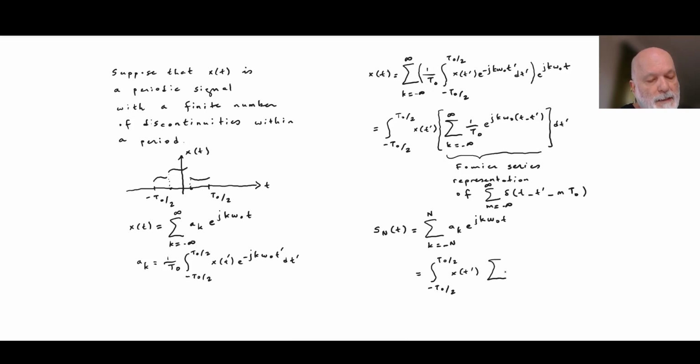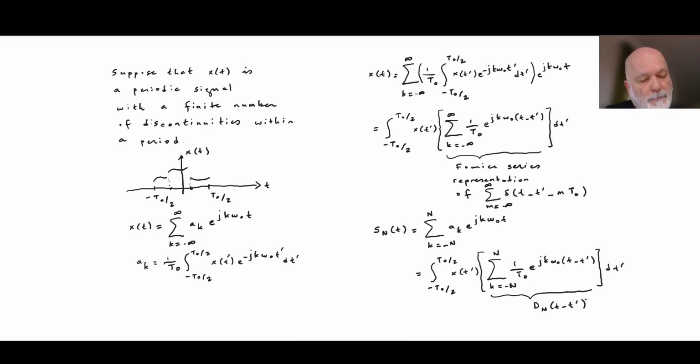Now here, instead of this series, we have a finite sum running from minus n to plus n, 1 over t0 e to j k omega 0 t minus t prime integrated with respect to t prime. And this term here is called, remember, the Dirichlet kernel, En of t minus t prime.